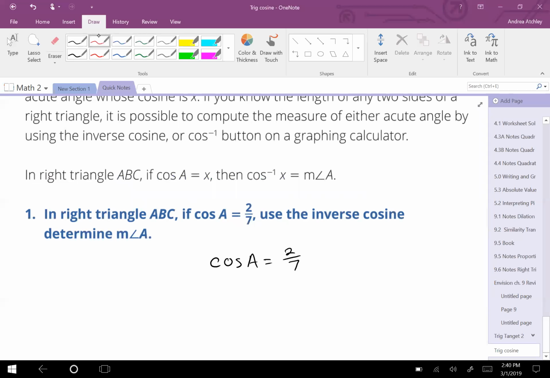To undo cosine, we use its inverse. So I need to get A by itself. So to get rid of the cosine, I do inverse cosine. If I do it to one side, then I have to do it to the other side.